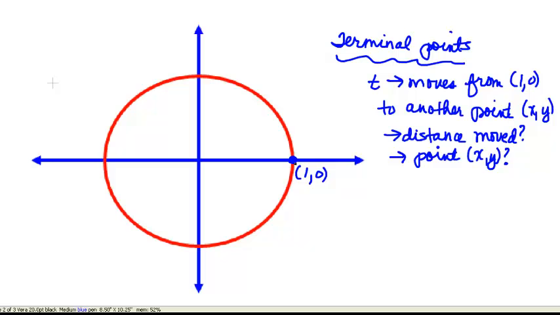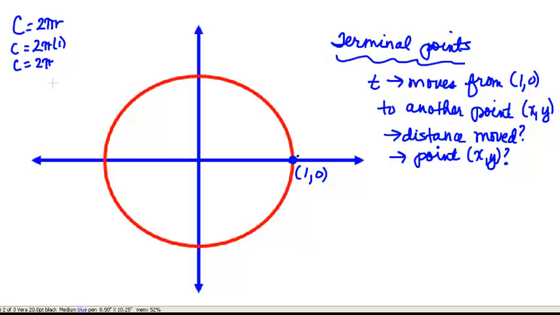Well, because we know the circumference of a circle is 2 pi r, and in this case a unit circle has a radius 1, our circumference of that circle is just 2 pi. So when a point has begun at 1, 0 and traveled all the way around the circle, they've gone a distance of 2 pi.